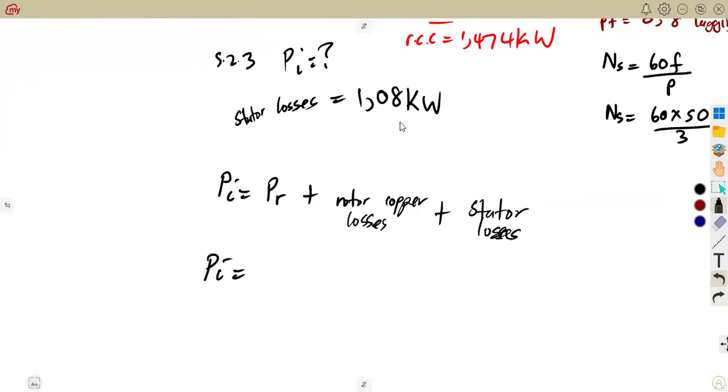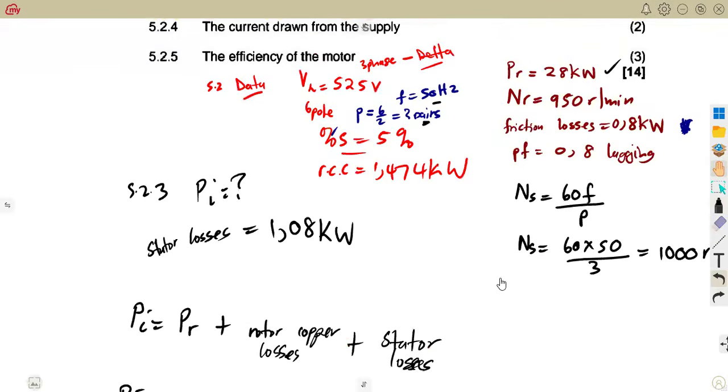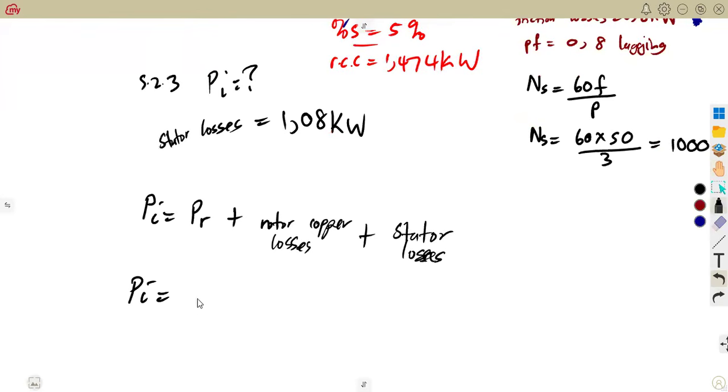You just have to add, as our values are already in kilowatts, so we use the kilowatts as they are. Our PR is 28 kilowatts. So this is 28 plus the rotor copper loss we calculated, which was 1.474, plus the stator losses we calculated, which was 1.08.